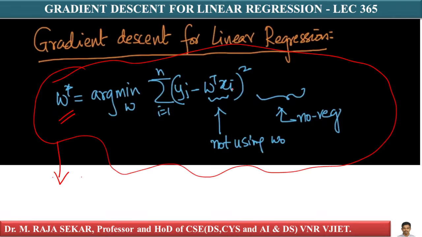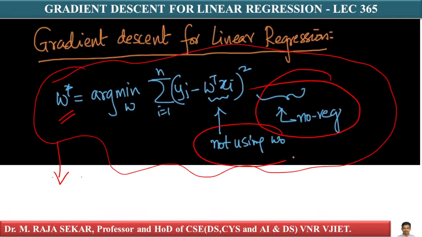If you notice here, I am not putting any regularization. Also, in this formulation, I am not using the intercept term. What is my intercept term? W naught is the intercept term.